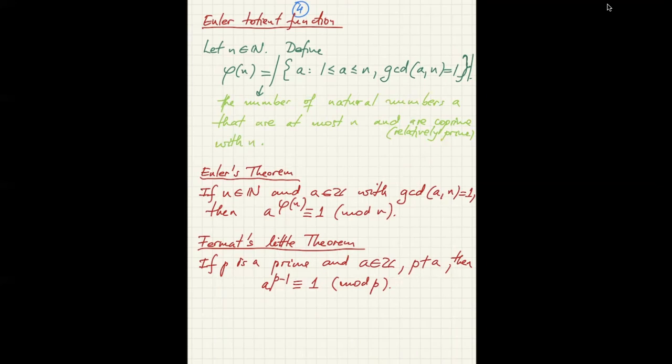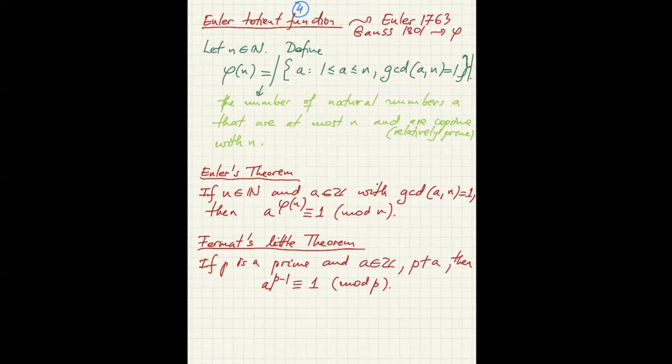So let's come back to this function phi of n. Can we calculate it for any natural number? Let's start with some small values. Well, before we do that, let me give you a little bit of history. The function was introduced by Euler around 1763. Apparently Gauss was the first, around the 1800s, to use the notation with phi.